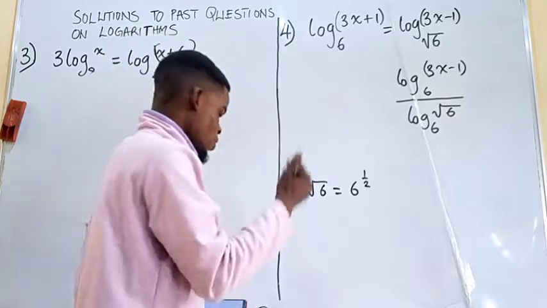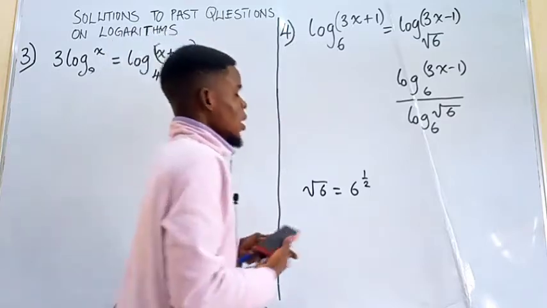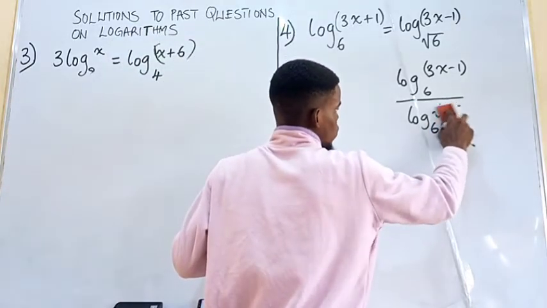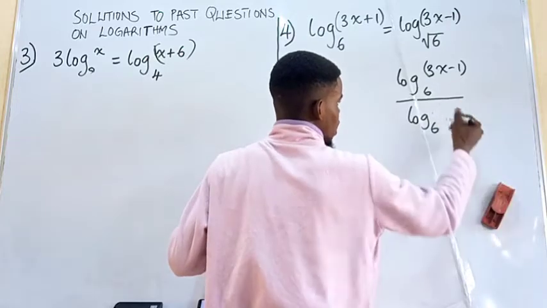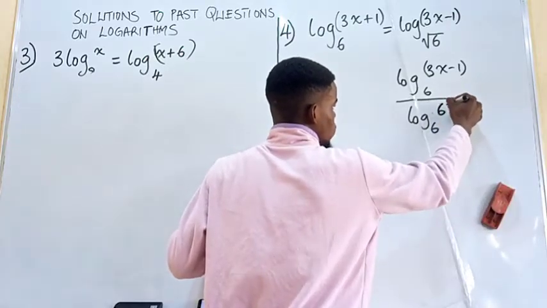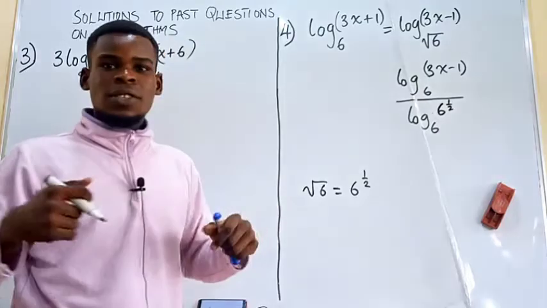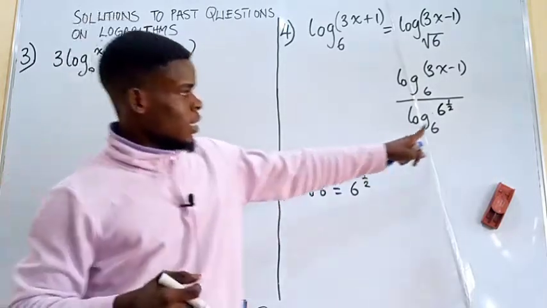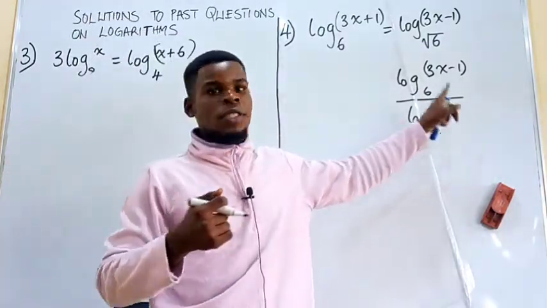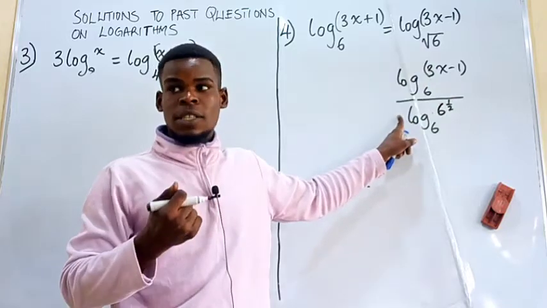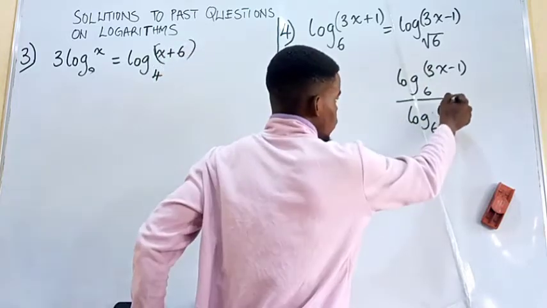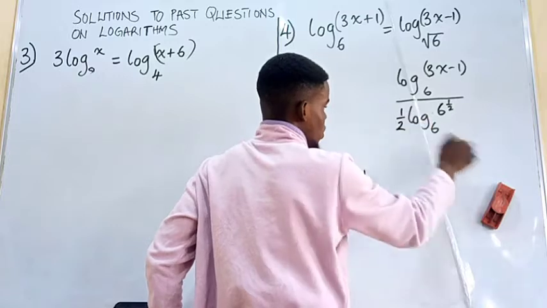So in place of square root of 6, I put 6 raised to the power of 1 over 2. Since this is just a power, I can move it to the front as a constant product. So I'm going to move the power 1 over 2 to this point.